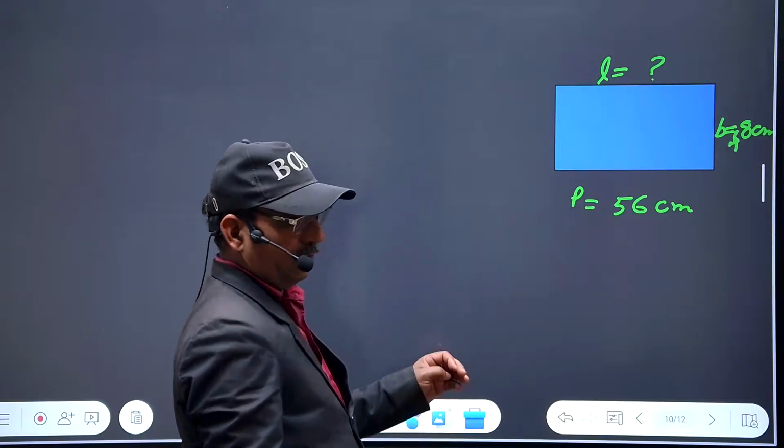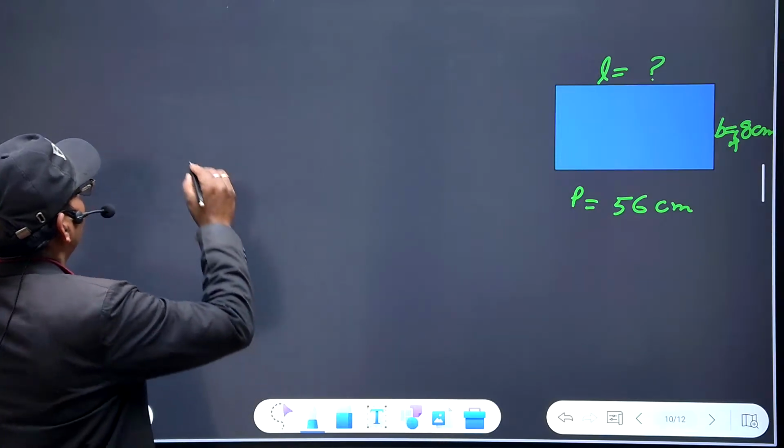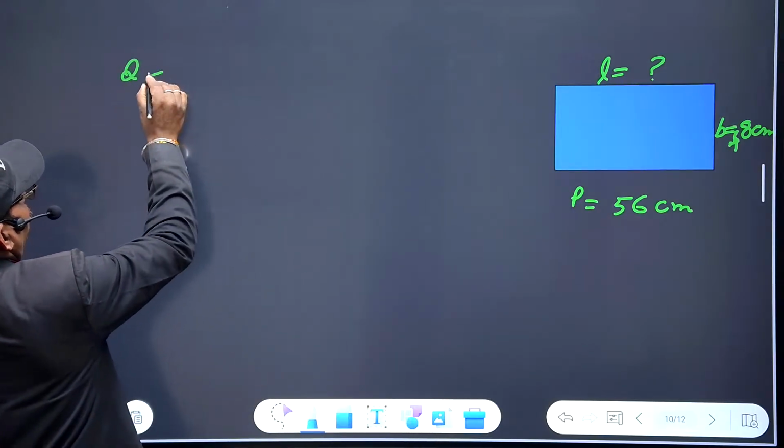So how will you find out the length? That is question number 4.